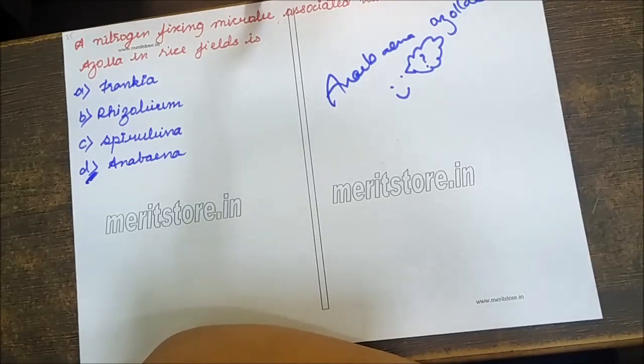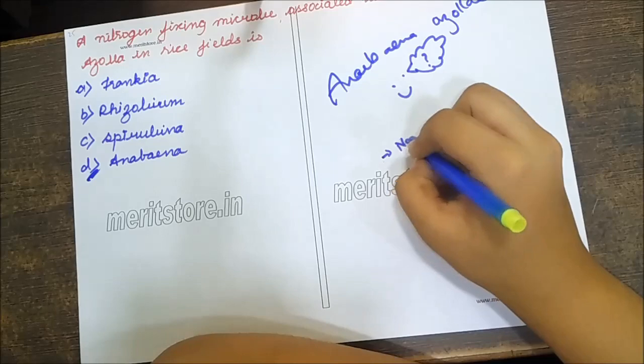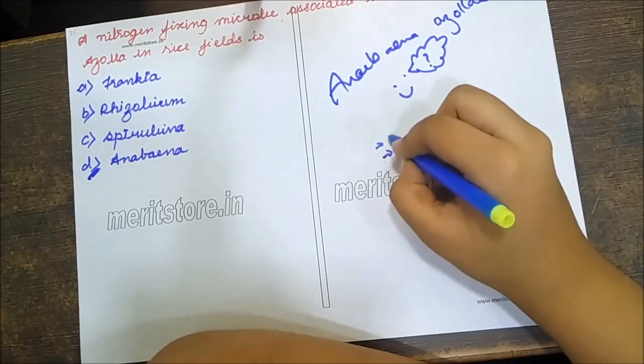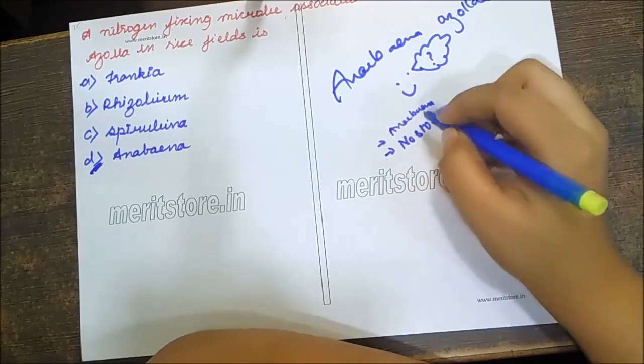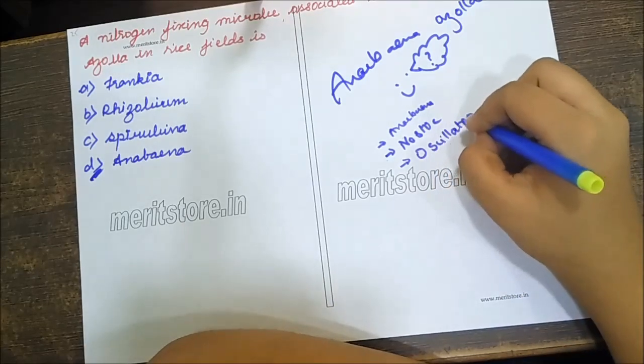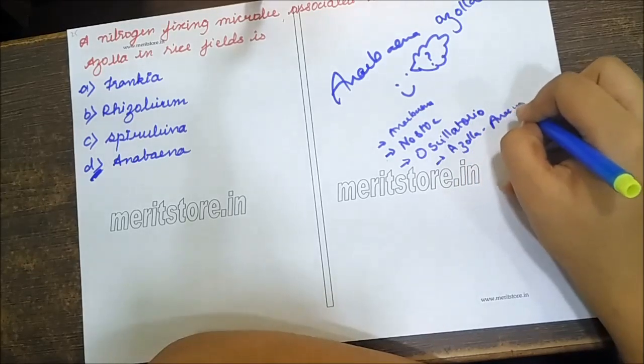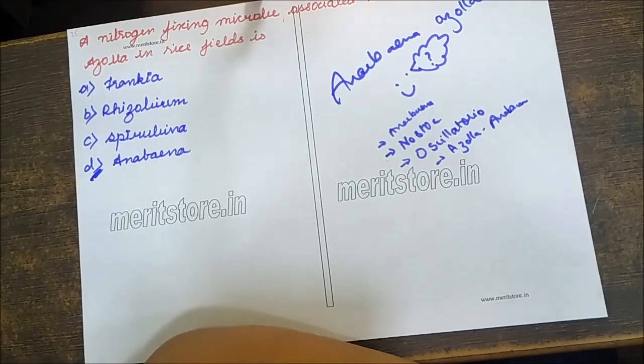Nitrogen fixing cyanobacteria, which are also called blue-green algae, form symbiotic association with several plants, for example, Anabaena and Nostoc. This association is of great importance to agriculture.